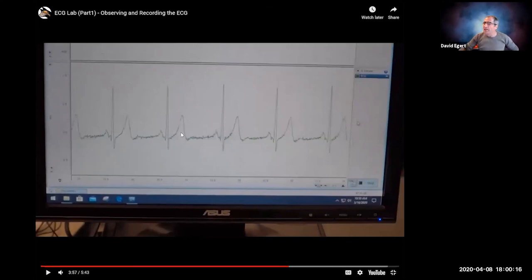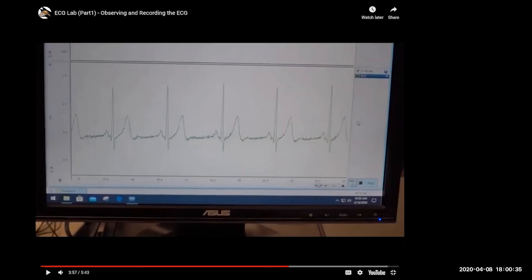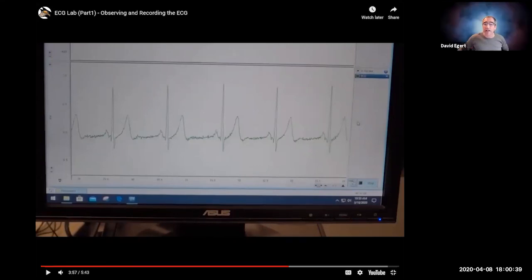So one of the things to really pay attention to here, what are we looking at? What is this actually a measure of? What is this a picture of? The electrical information. Yeah, this is just the voltage measured on your skin with those electrodes.